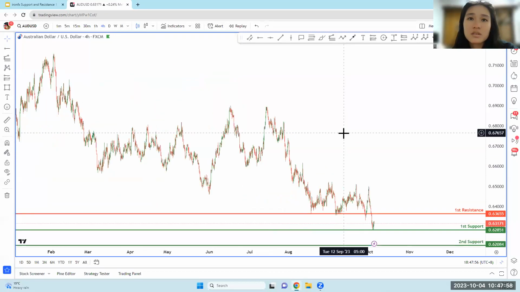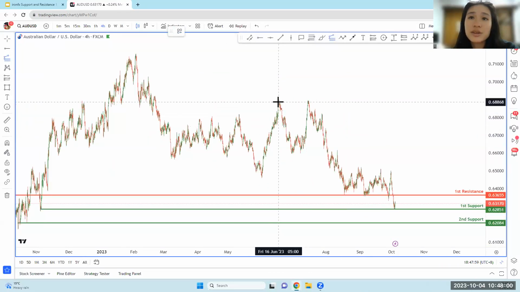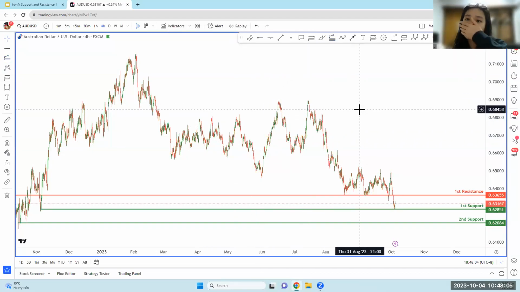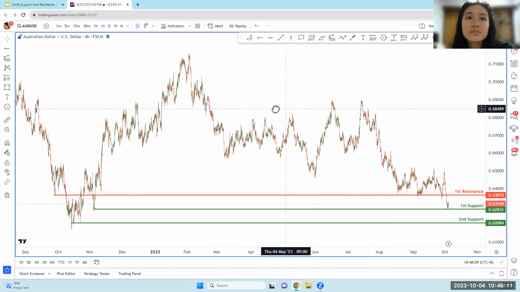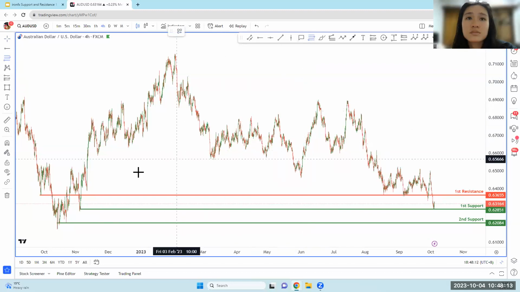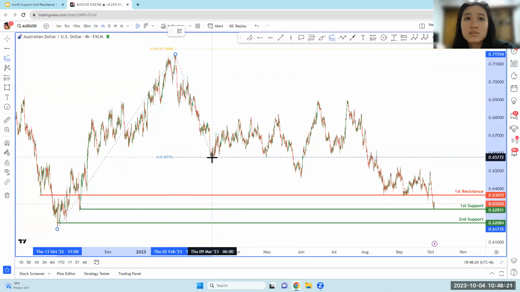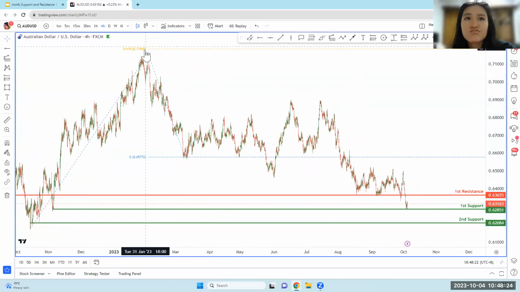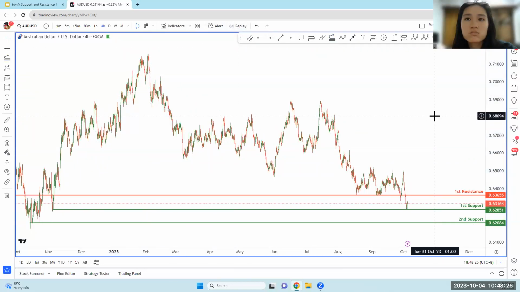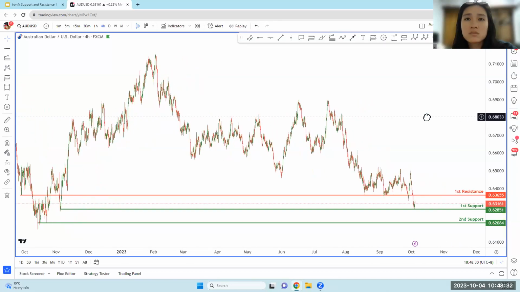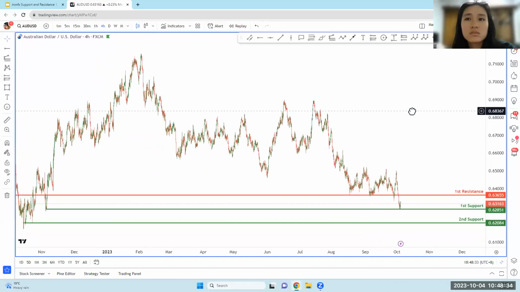Okay, now we'll go in with some Fibonacci levels again. Hmm.